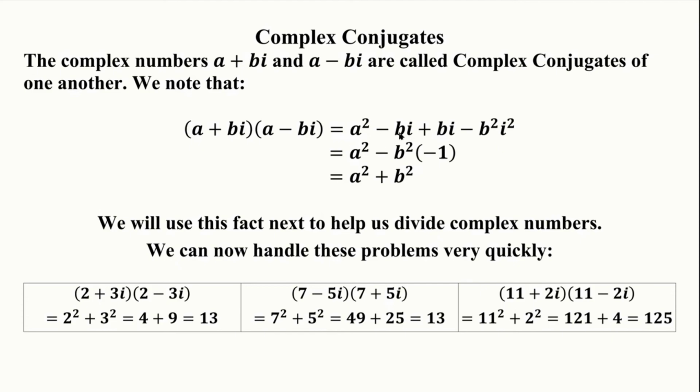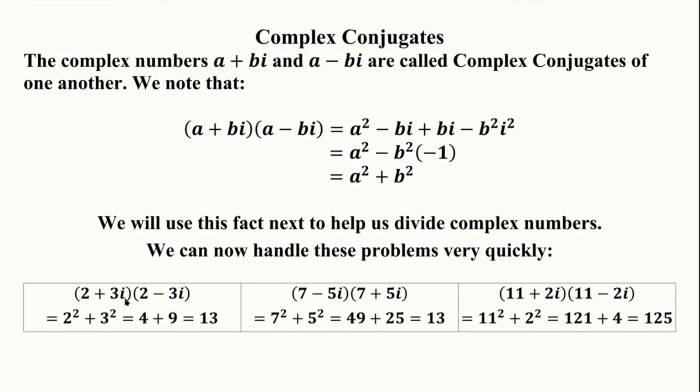So you end up with a squared minus bi plus bi minus b squared i squared. That's of course -1, so you get a squared minus b squared times -1. So you end up with a squared plus b squared. So whenever you multiply two conjugates, you're just going to get the sum of the squares of the real part and the imaginary part, which is very handy.